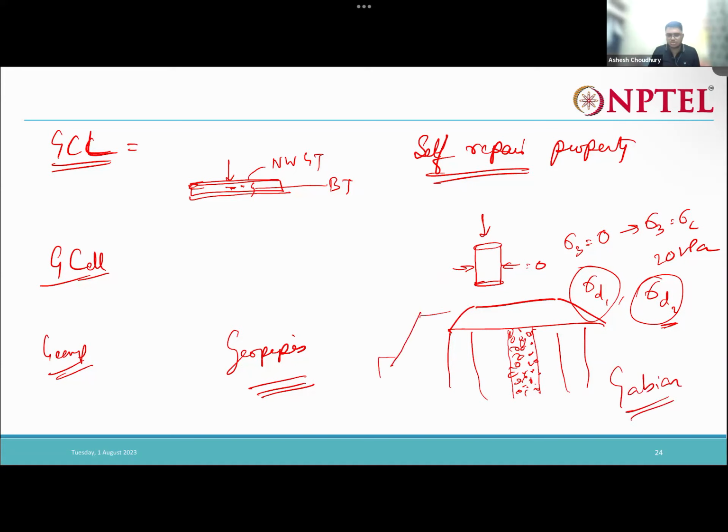Those net-like structures filled with boulders or rocks prevent erosion. So these are all about the geosynthetic material.